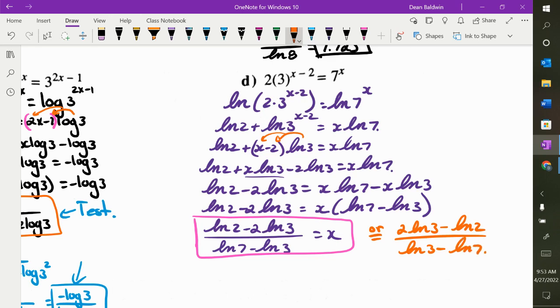That would be if, instead of moving this x over here, you moved that and that and that. These are going to give you the same answer. So in the book, if you have this but the book says this, everything is the same in terms of top and bottom, but the signs or the order are flipped, that just means they moved it to the other side. But it's the same answer. If you punch them into your calculator, you get the same answer.